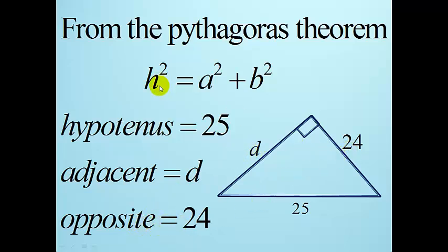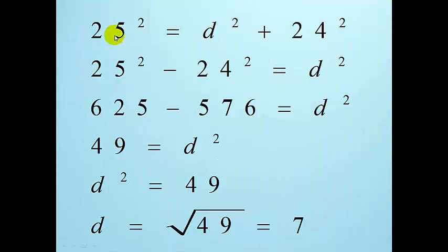Now from the Pythagoras theorem, H square equals A square plus B square. That is, the square of the longest side is equal to the sum of the squares of the other two sides. This means that 25 square is equal to D square plus 24 square. Because we are solving for D, let's group the numbers on the left hand side.